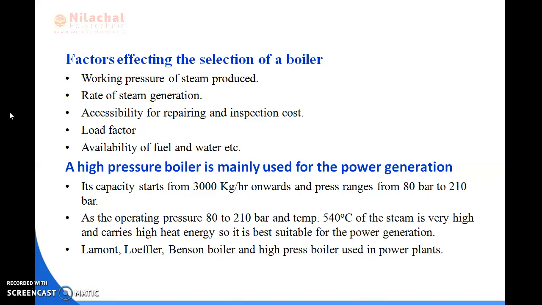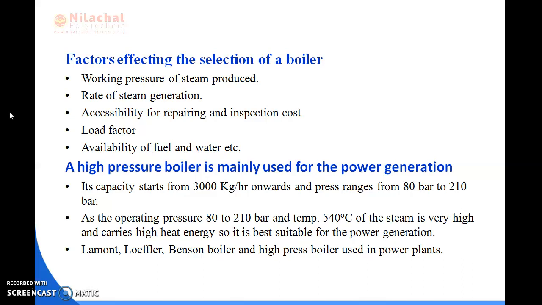To install a power plant, we need the fuel, that is the coal, mainly for the thermal power plant, and water around the plant, so that there will be minimum transportation charge. So in general, wherever we install a thermal power plant, the fuel source should be around or close to the plant, so that it will be easy and the cost of production will be minimum.